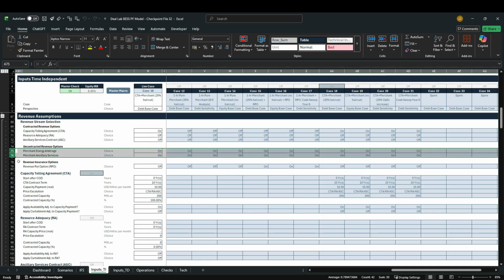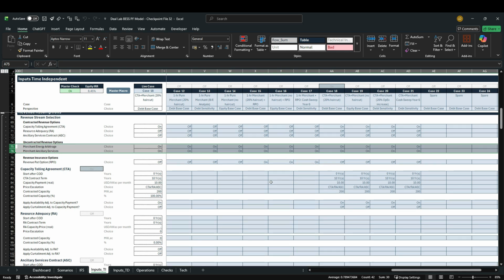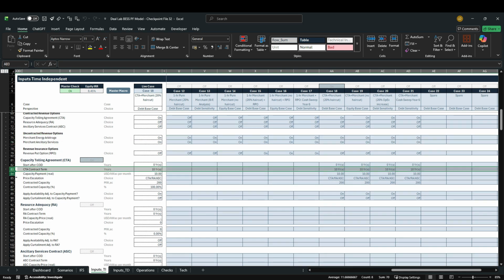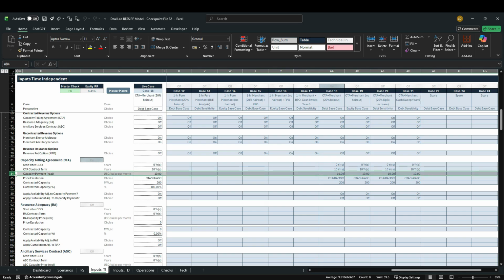We do not assume a revenue put option anymore, since the first 10 years we are fully covered by a capacity tolling agreement. So that capacity tolling agreement lasts for 10 years at a price of $10 per kilowatt AC month, and we have 100% of our capacity contracted.